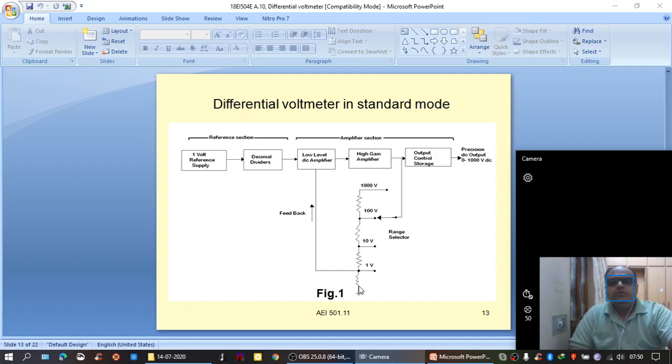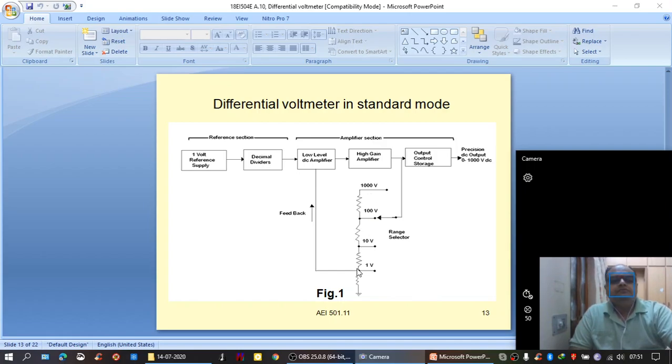You have got four resistors, so obviously the output of the high gain amplifier gets divided into four parts, depending upon the relative magnitudes of the resistances, let them be R1, R2, R3 and R4. At resistance R4, the drop is taken as feedback, right?